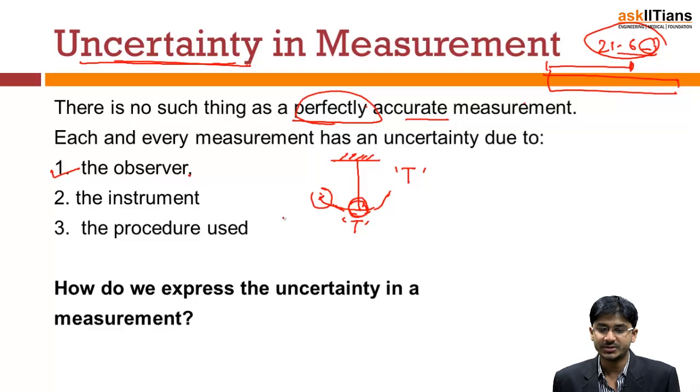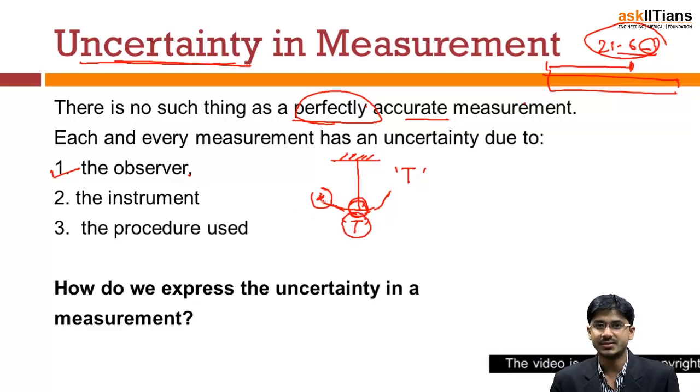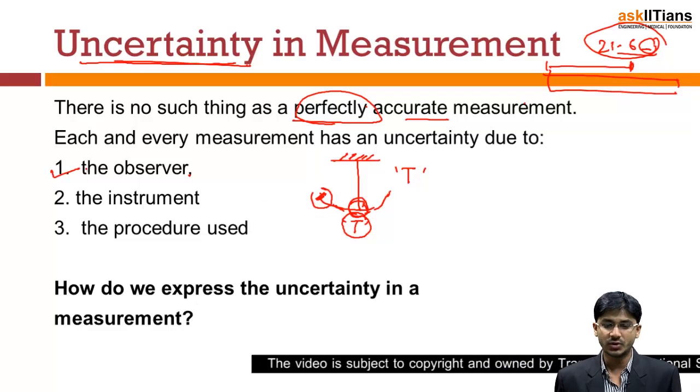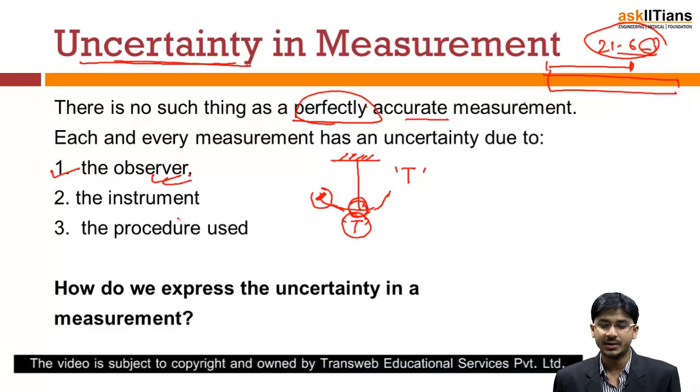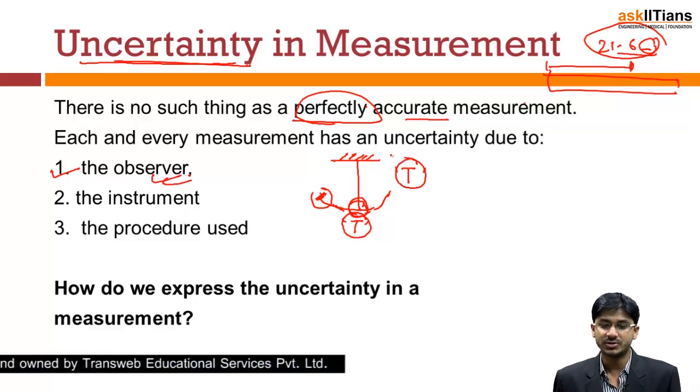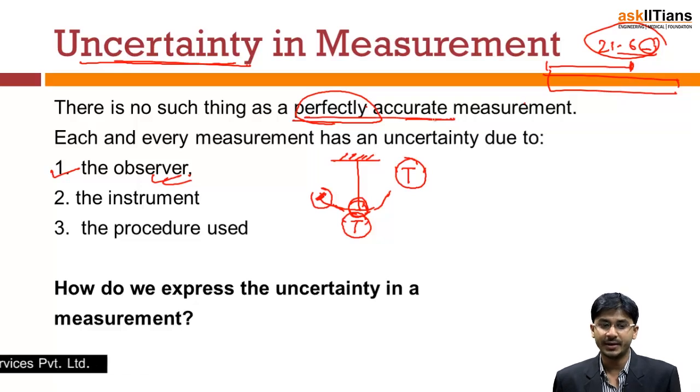We let it go this side and let it come this side, and then we measure the time that it took. That is the time period. Now the observer may make a mistake in starting or ending the stopwatch. So there could be an error that creeps in due to the observer. So the measurement of the time period would not be a perfectly accurate measurement. So this is the first source.